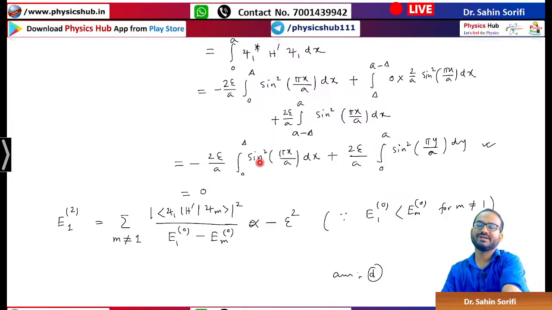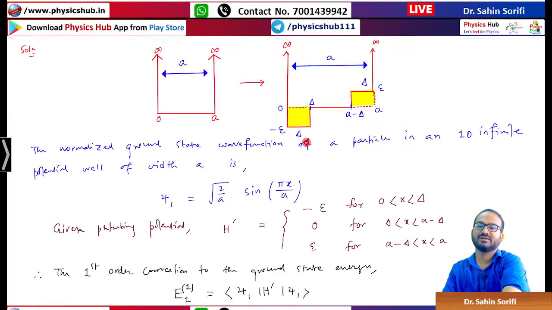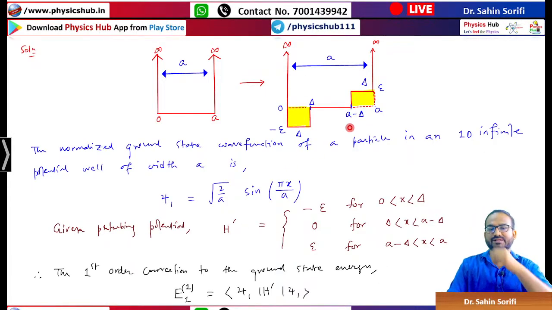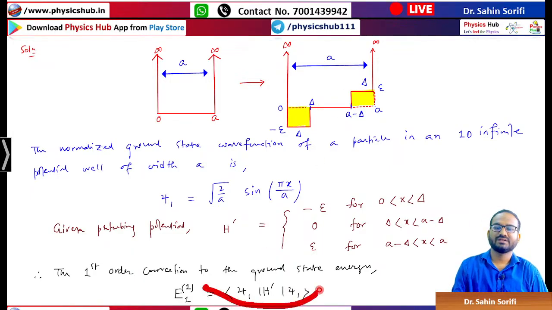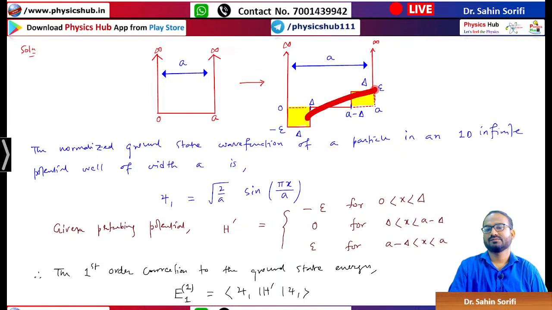And you do not need this kind of thing. We have given you a short trick, right? What is the perturbation for this? You need to calculate the area. The areas are different, so they are cancelling. Even without calculating this, we can easily say that it will be 0, because one is positive and the other is negative, and they are in equal amount.